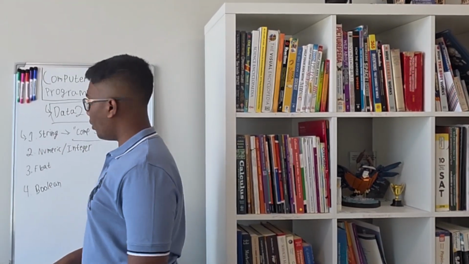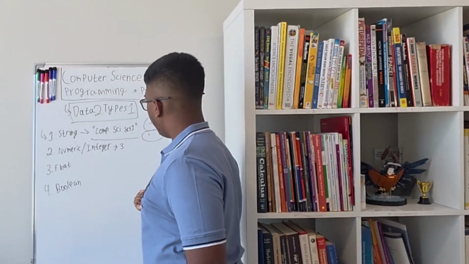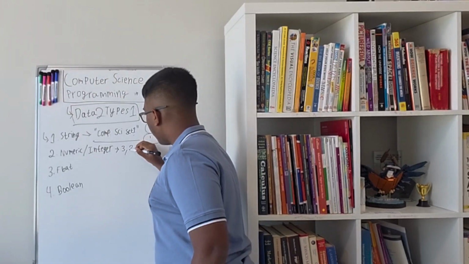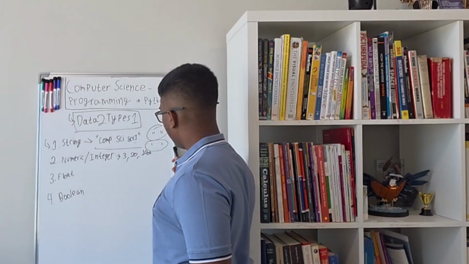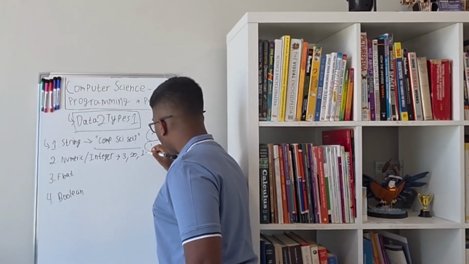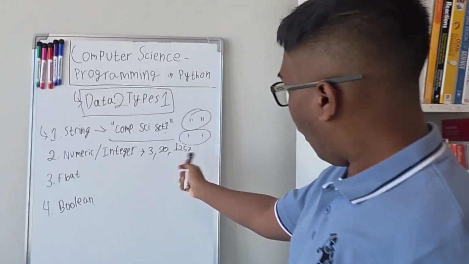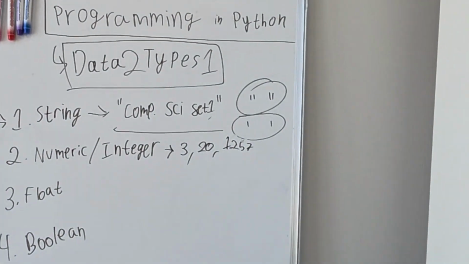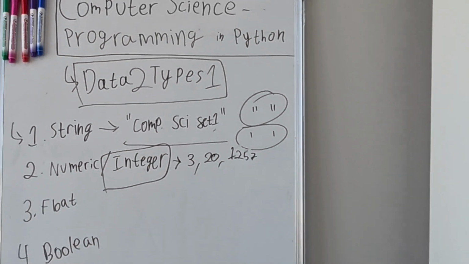Next up, numeric or integer. Numeric or integer, as it says, an integer. Any integer in any part of the number line. So I could say 3 or 20 or let's say 1000. I can make it even something specific like 1257 or something like that. All of these are numeric or integer values, but we usually refer to them as integers because of how they are used in Python.